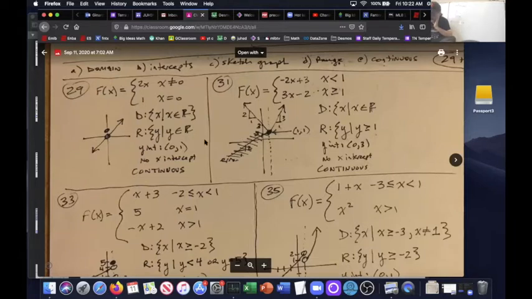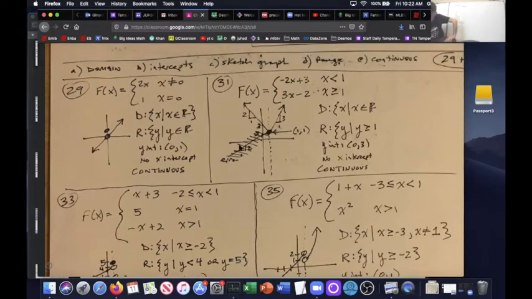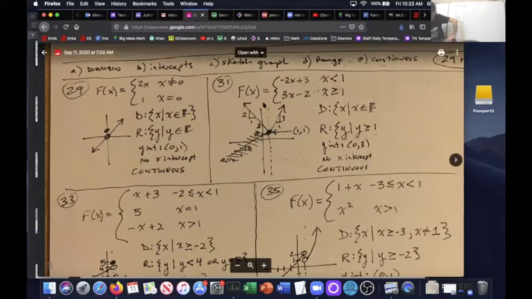Okay, and then 31, I did a silly mistake here. I just drew it and didn't think, oh wait, that's a negative slope. So that's why I changed it here. Now in this case, they both happen to anchor at the same output when x is 1.